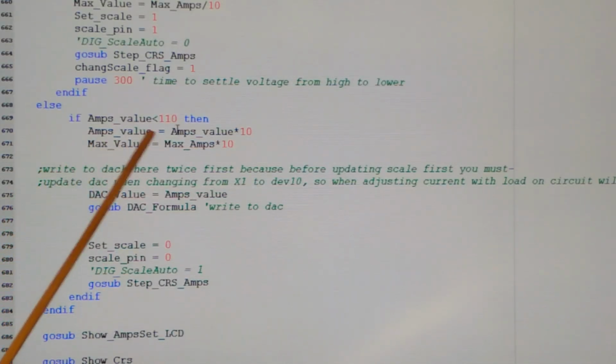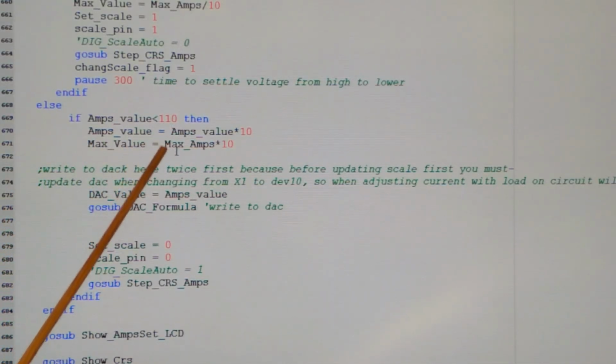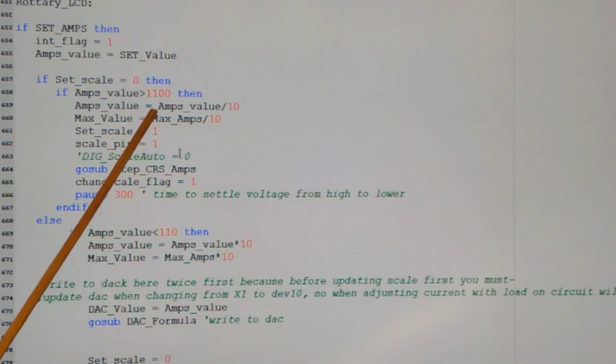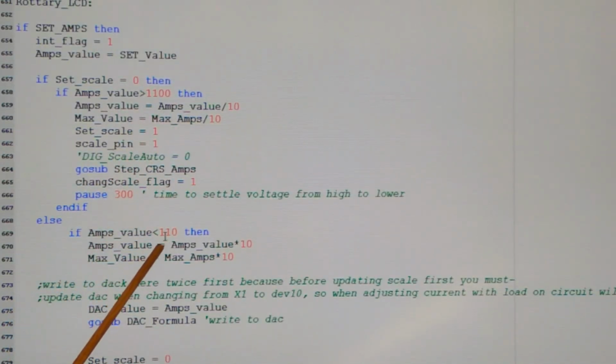And then if it's smaller than 1.1 amps, okay, then you need to times it by 10. That's the else. So if the scale is not a 0, if it's a 1, else, then obviously you're already in the divide by 10.